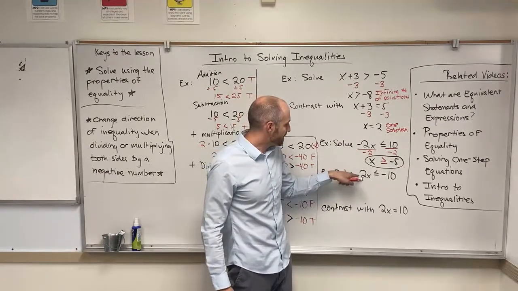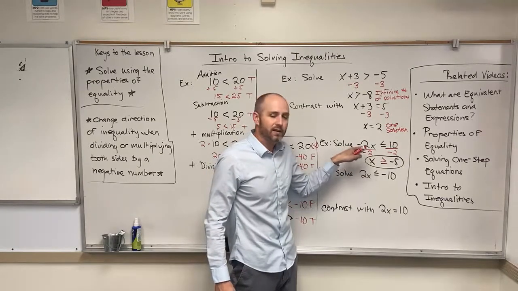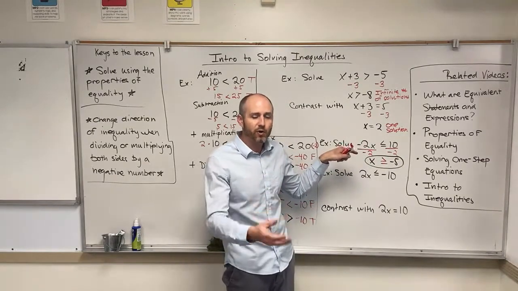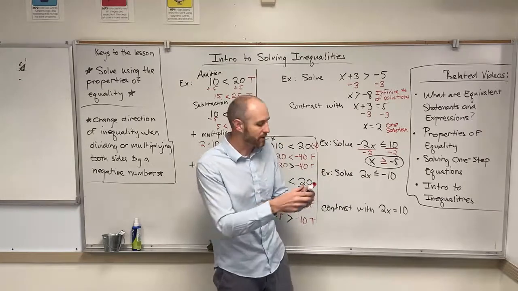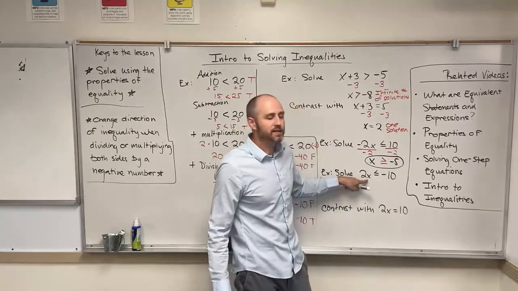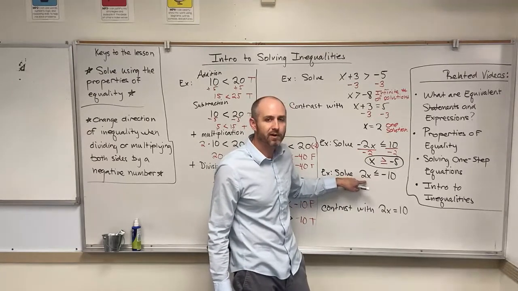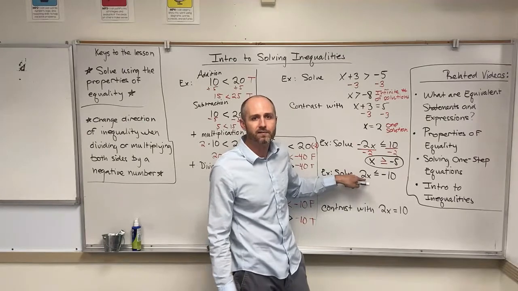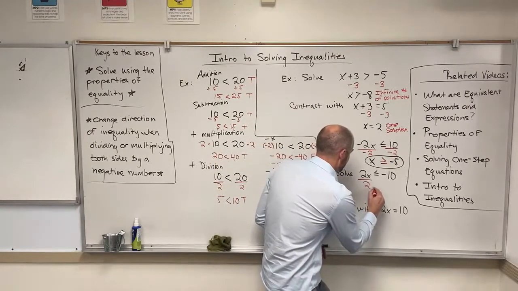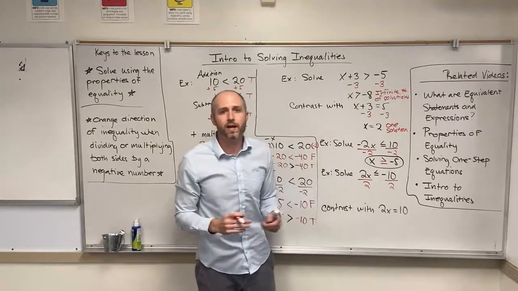Now, I put the next example because it's very similar to this one. But in the process of solving, there's a subtle difference that you should be aware of. Here, when we're trying to isolate x, we're not dividing both sides by a negative number anymore. We're dividing both sides by positive 2. So if we divide both sides by positive 2, then there's no need to change the direction of the inequality.